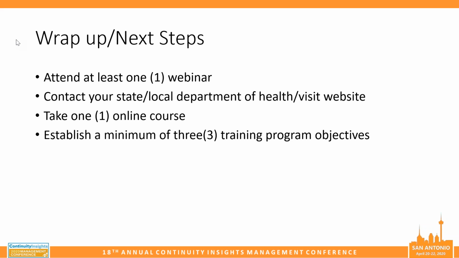Another objective as a part of the training program for the business continuity team should be those individuals should be actively involved in various organizations. So whether that's local, regional, or national, and international, of course, they should be a part of those types of organizations. And the reason is because these organizations are on a regular basis sending out information to help you become more knowledgeable.